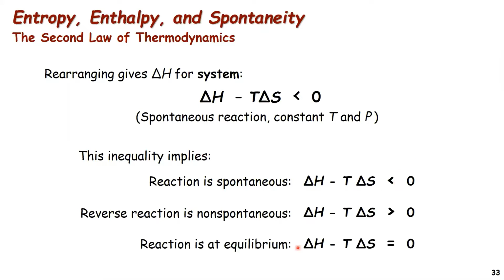Okay, so here's another way we're going to define equilibrium now. If this quantity is equal to 0, our system is at equilibrium. Now, I will tell you that, again, this really needs to be changed to less than or equal to, okay? And I might say that on the next slide.